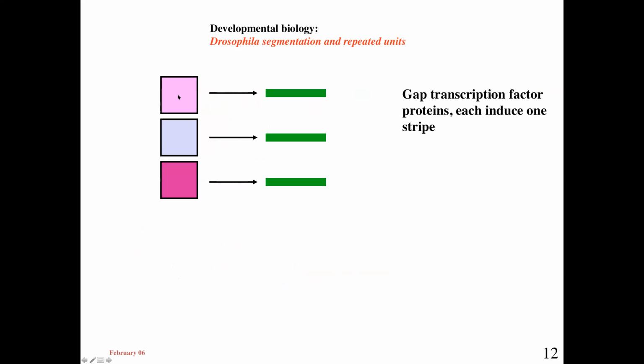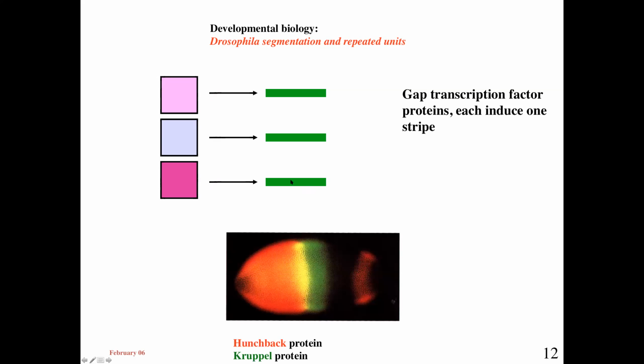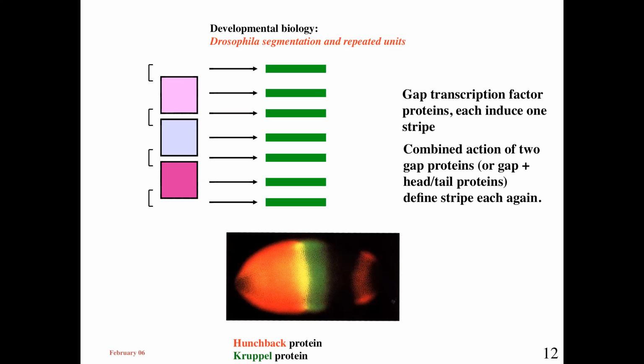So gap gene transcription factors will induce the expression of a pair rule gene, right? These are the different gap genes, right? And their combination will give rise to more gap genes, right? So I told you last class that they get further refined in time, right?